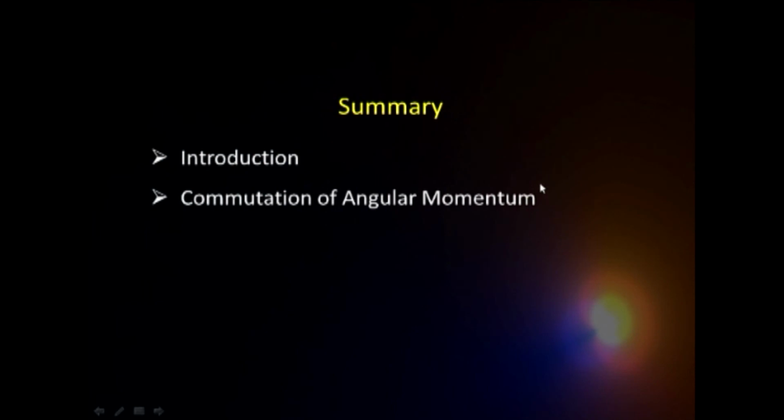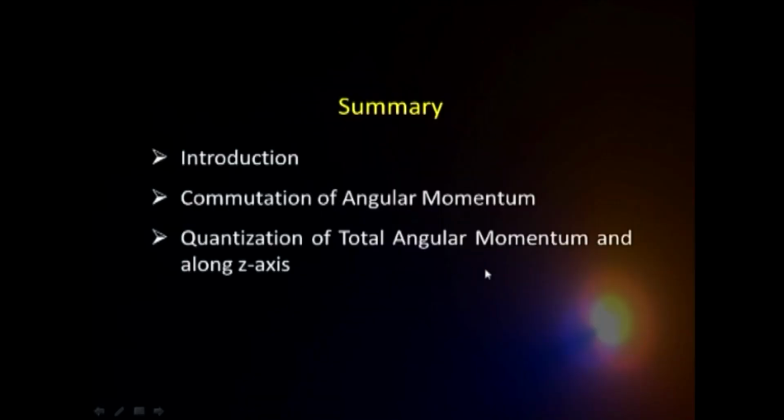We found that L square and any one component can be measured simultaneously, but the individual components cannot be measured simultaneously. And finally, we applied the concept of the ladder operator to obtain the different eigenvalues of total angular momentum and the angular momentum along the z axis. This is a very important concept we have come across.